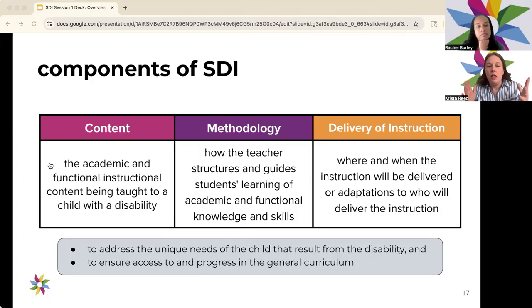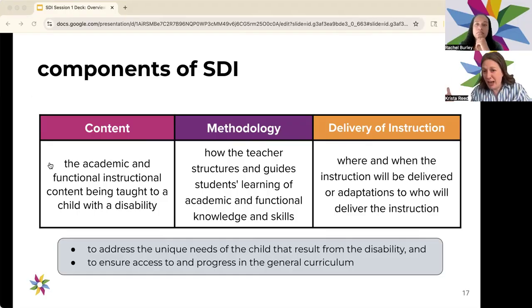We mean the academic and functional instruction that is being taught to a student. What is the content that they are learning? The what of learning. Methodology is how the teacher structures and guides that learning. So it's the how, right? It's the methods, it's the strategies.